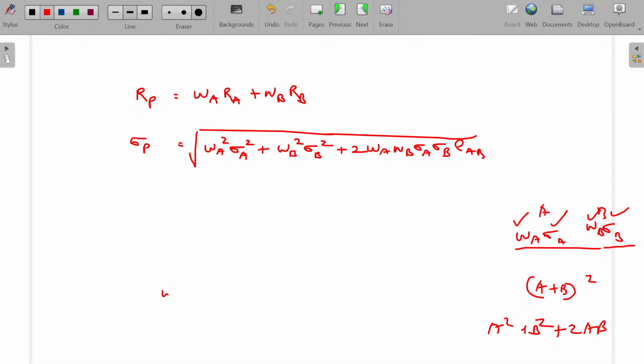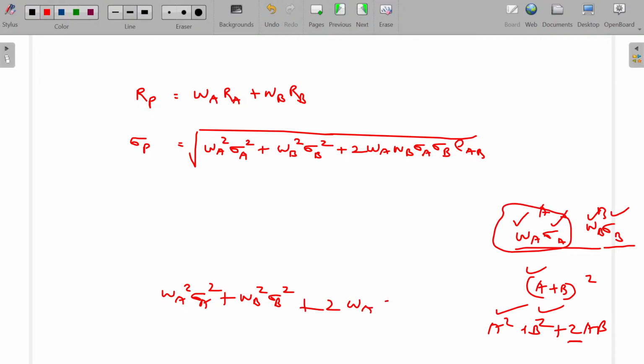WA square, standard deviation A square, plus WB square, standard deviation B square. This is A square and B square, plus 2A. A is this one, right? So 2 into WA, standard deviation A, and B is WB and standard deviation B.